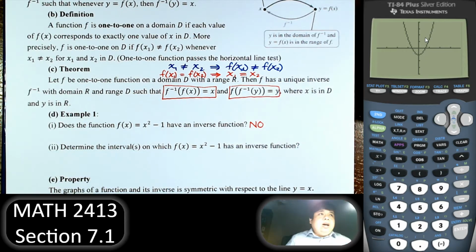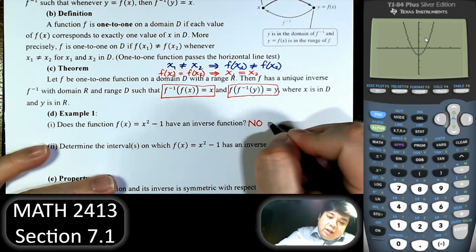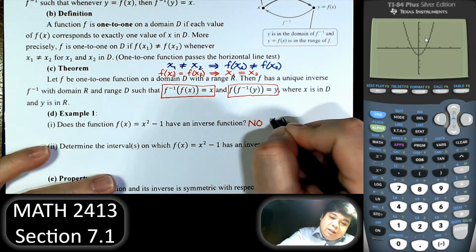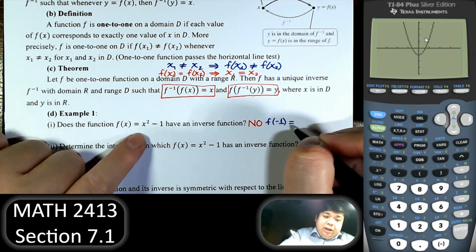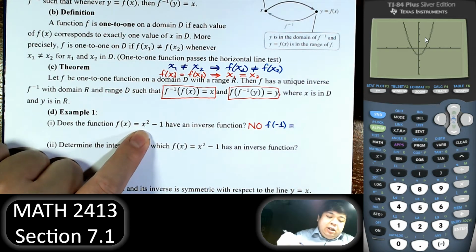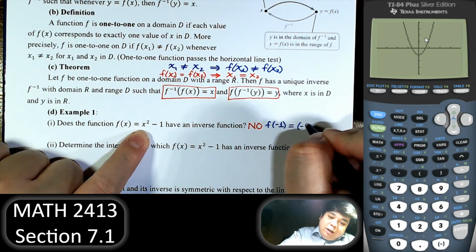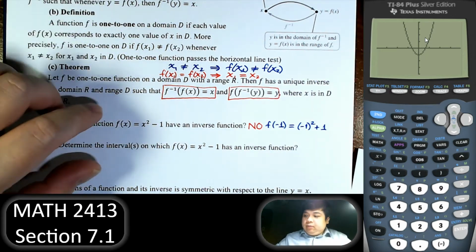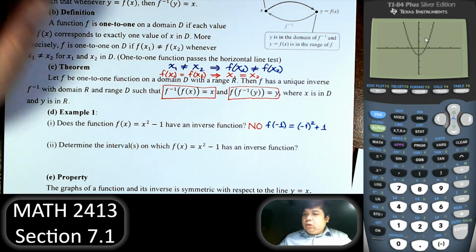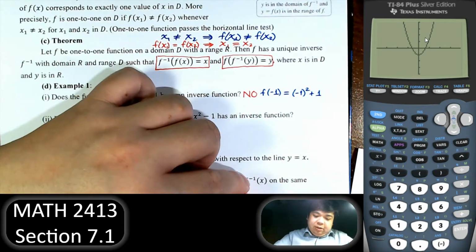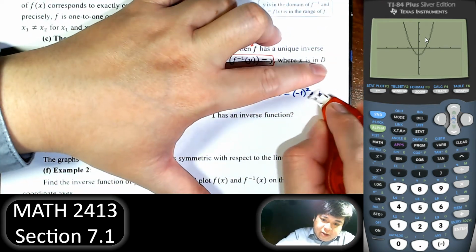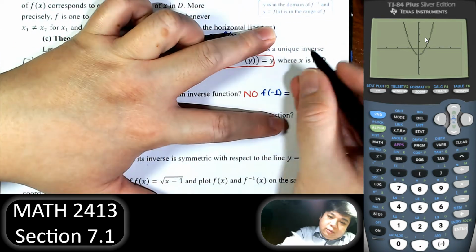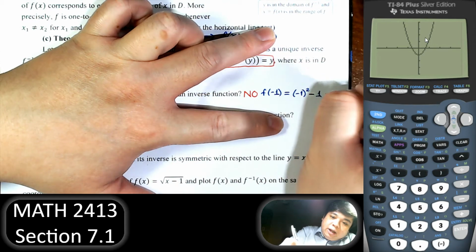So we can give an example: if we have -1 for x, we put -1 in here, (-1) squared minus 1, and that is 0.